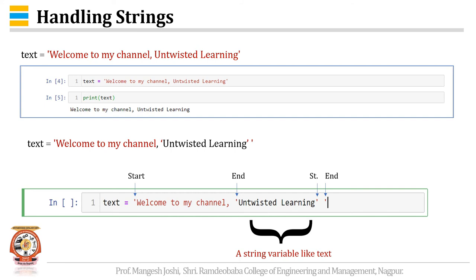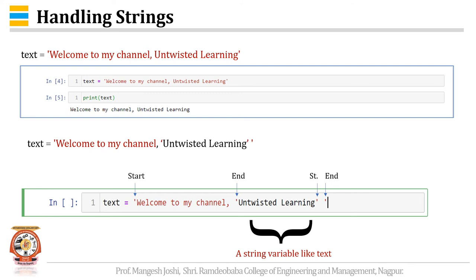The display of the string is with the help of maroon color. Now in the bottom figure, text is equal to, again in black color, and you can see welcome to my channel is in maroon color. Maroon color indicates the actual string. Then again the color is changed.